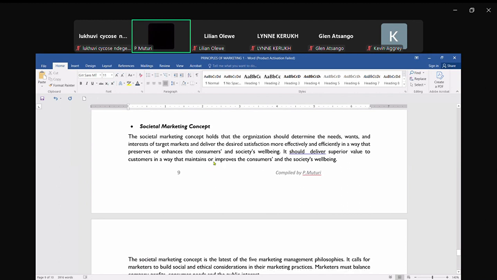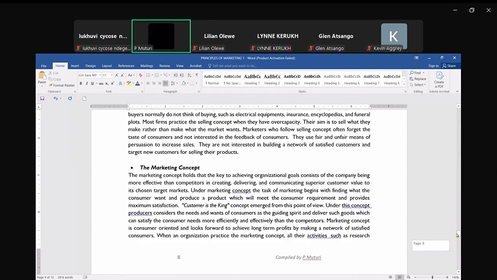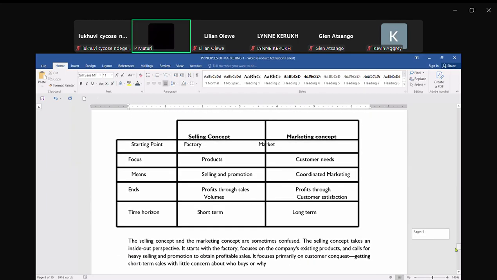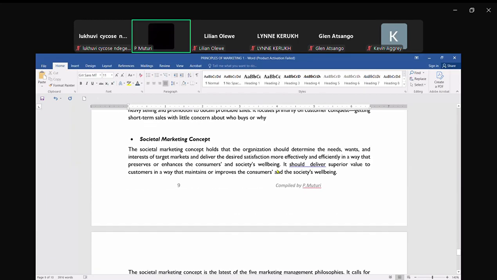All right. So remember, the marketing concept emphasized customer needs. It emphasized profitability, but had little to do with the society at large. So that is where the societal concept comes in to improve on the marketing concept. That you do whatever you're doing, creating better products, identifying customer needs, and delivering superior customer value than competitors, but as you also take care of the society.